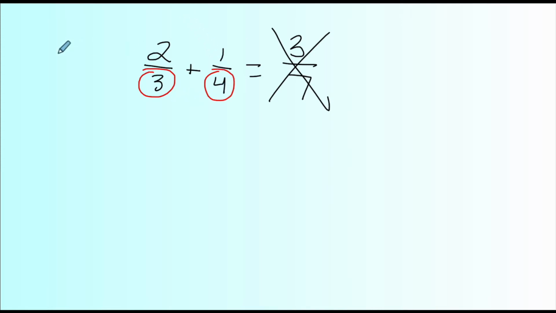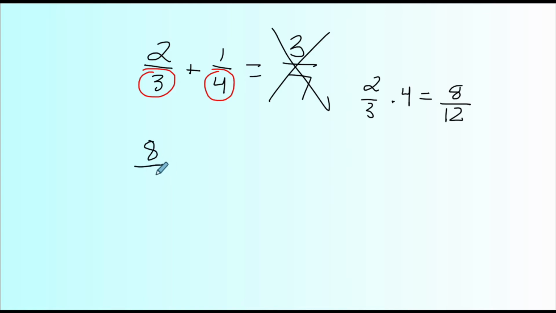And the way that I can do that, I'll do it on the side here. 2/3, if you multiply it by 4, 3 times 4 is 12, so there's my twelfths. And we're going to multiply the numerator by the same thing. 2 times 4 is 8. So 2/3, we're just making it into a bigger version of itself, 8/12. It's still the same fraction.